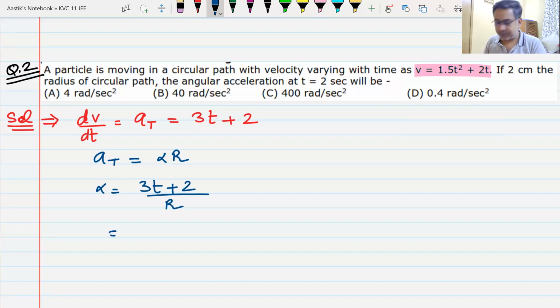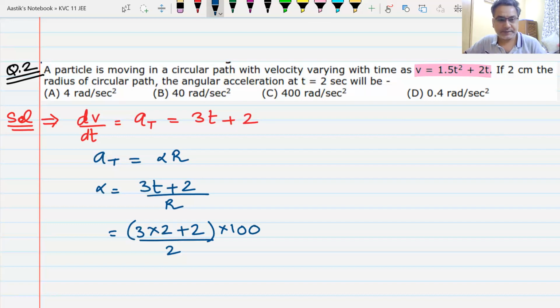I put the value t is 2, so 3 into 2 plus 2, divided by r, which is 2 centimeters, converted into meters, 2 by 100. And the answer is 400 rad per second square. Do we understand this? Yes or no?